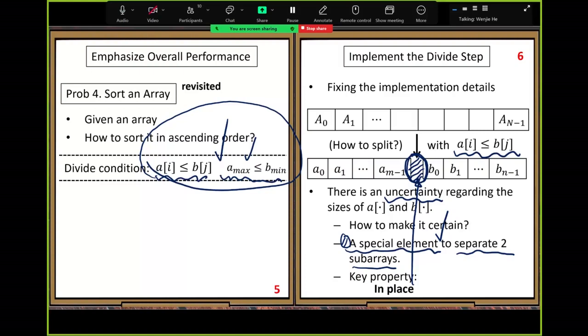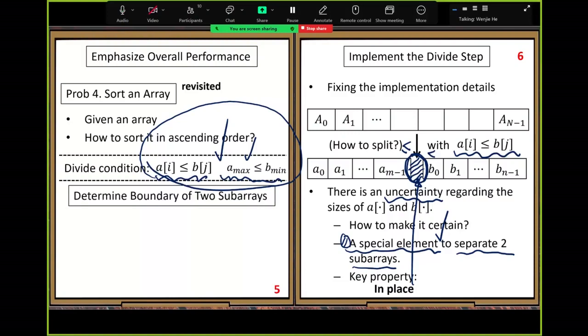Then all the elements at the left-hand side of this one should have values less than or equal to the value of this special element. And all the elements at the right-hand side of this special element should be greater than the value of the separator in-place element.